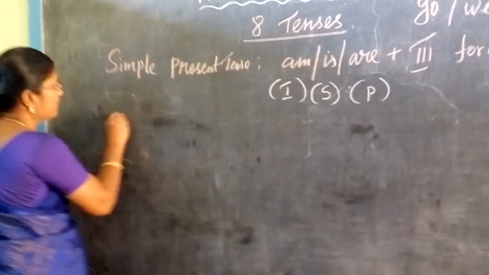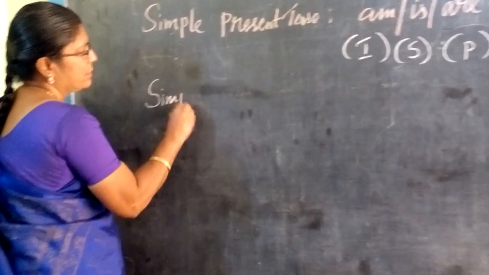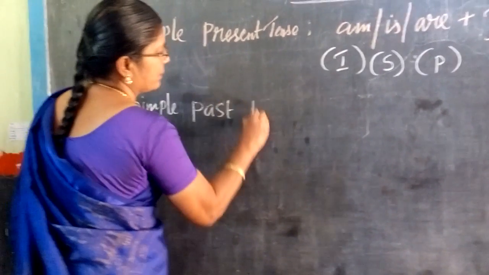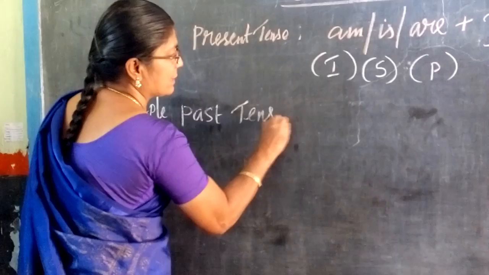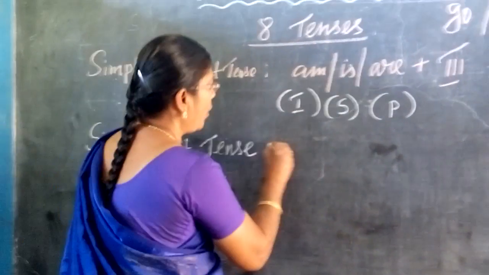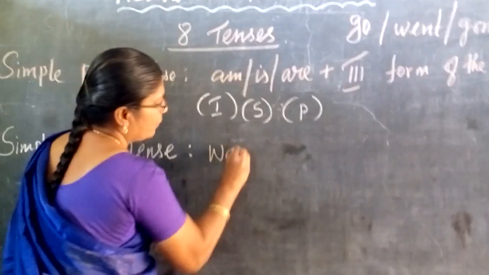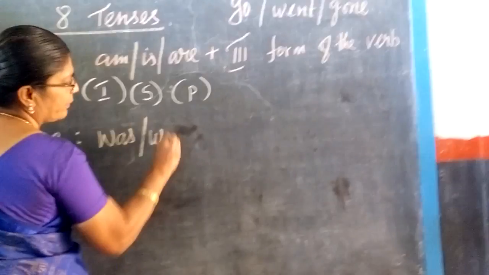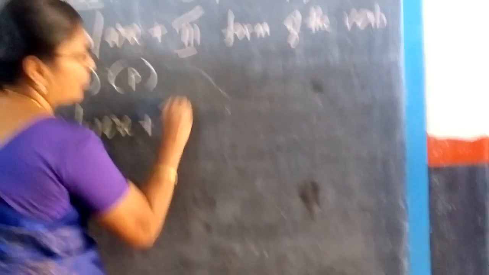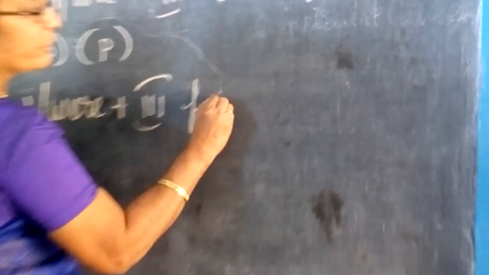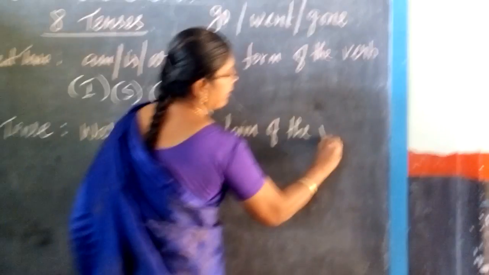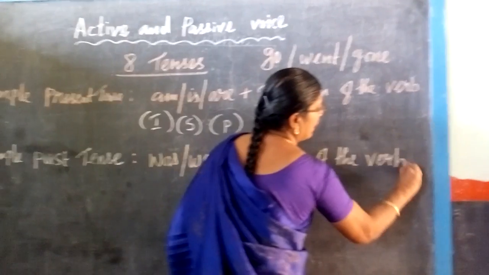Second one is the simple past tense. The structure for the simple past tense from active to passive is was or were plus third form of the verb, or past participle of the verb.